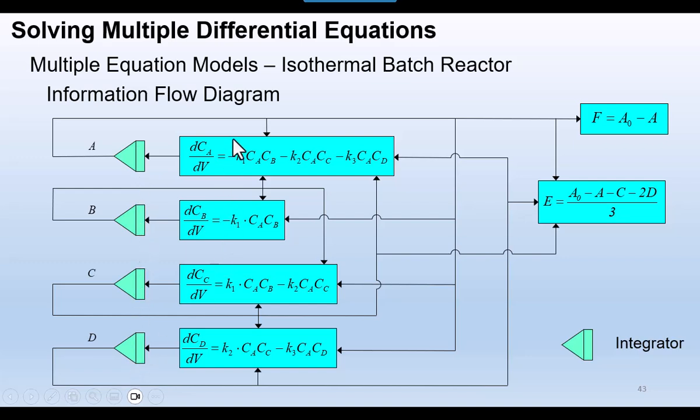And then we need to say, where does the information come from that allows us to complete these derivative expressions? And we don't show it here, but the constant parameters K1, K2, and K3 appear in various places.